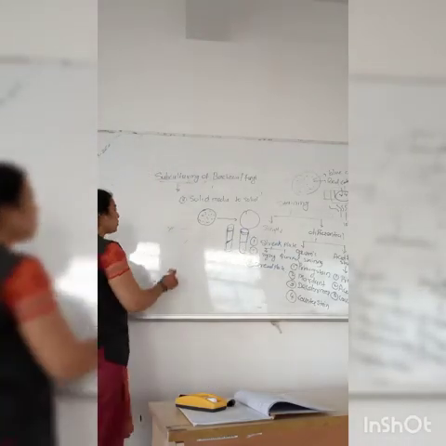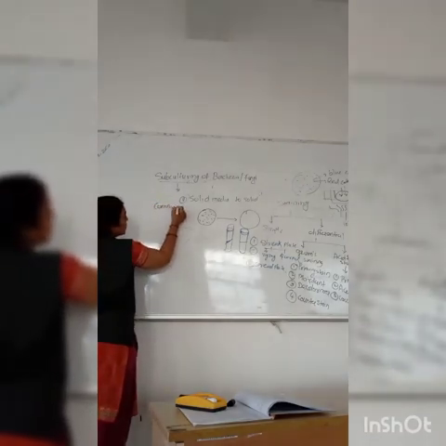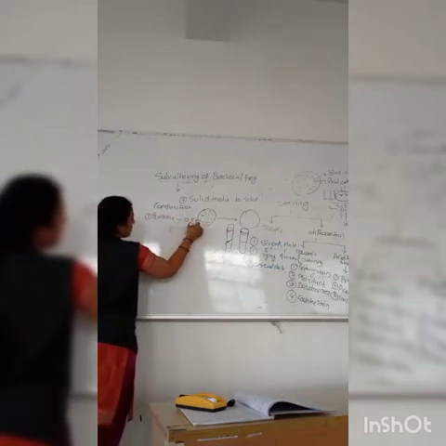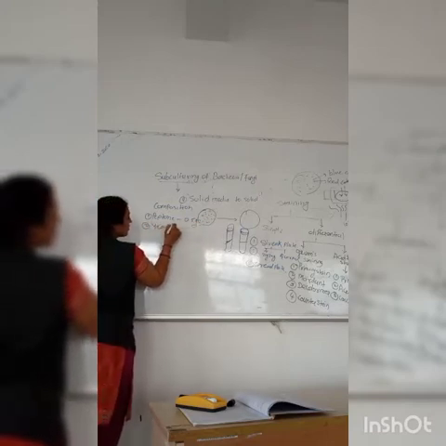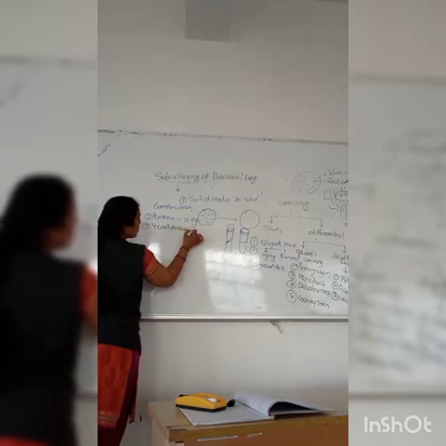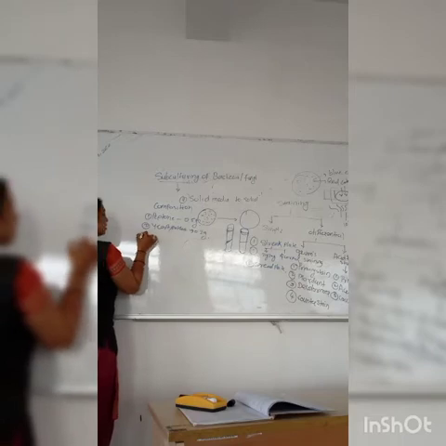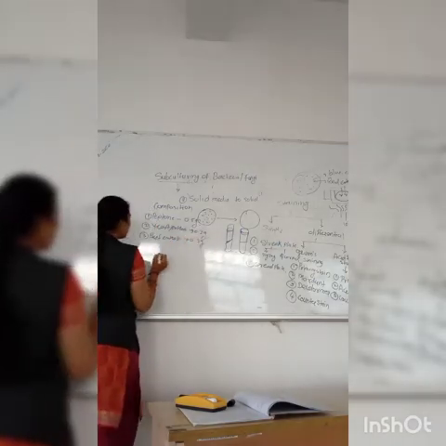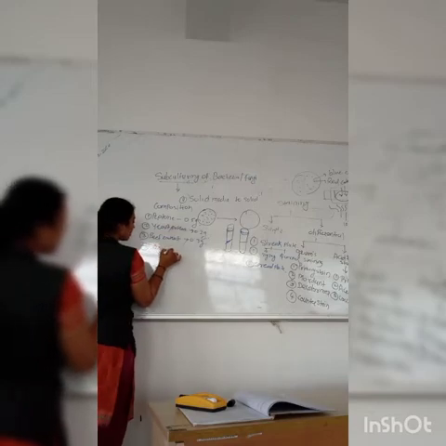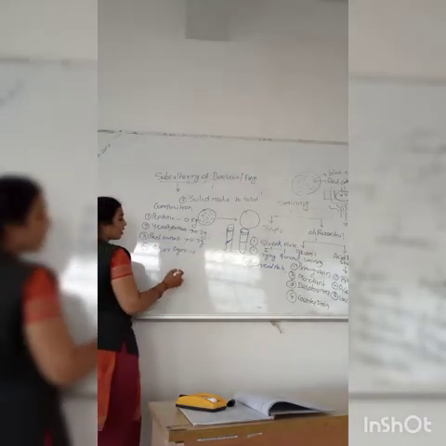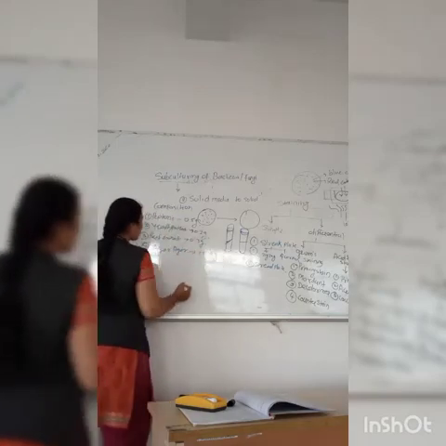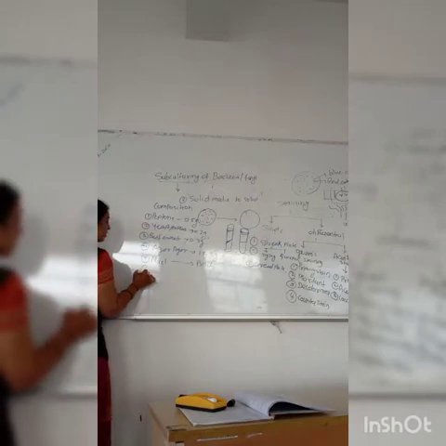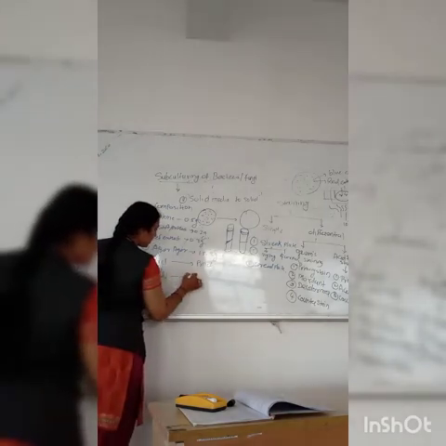So what is the composition of nutrient agar? Peptone 0.5 gram, yeast extract 0.3 gram, beef extract 0.3 gram, agar, that is bacteriological agar powder, which is necessary, 1.5 to 2 gram, NaCl, a pinch added, and the sixth one is distilled water, which should be 100 ml.